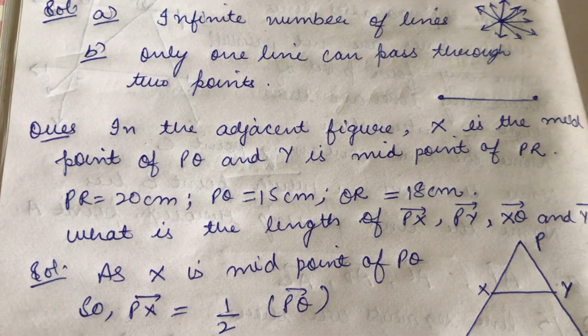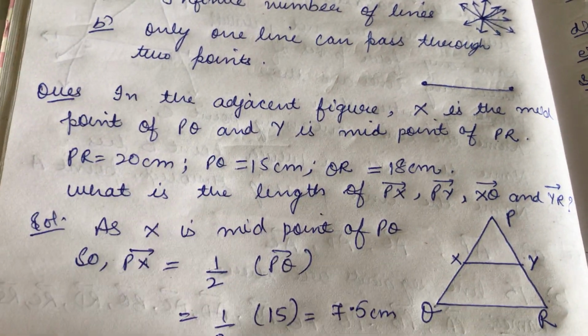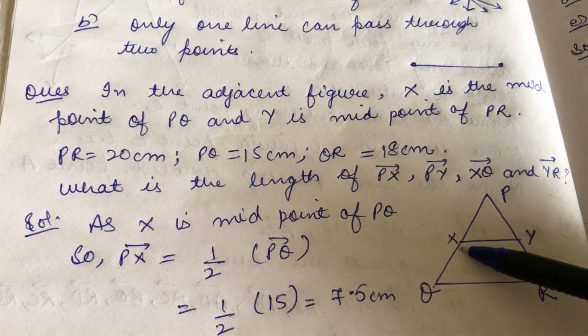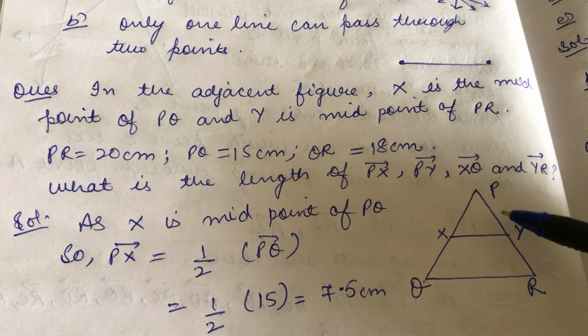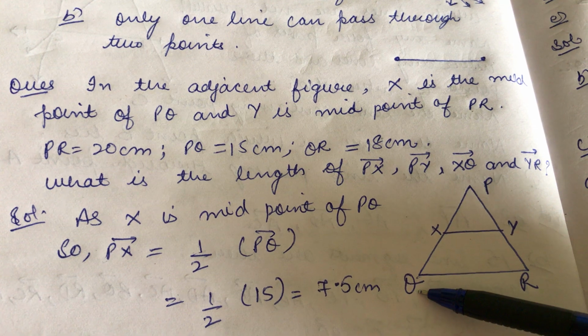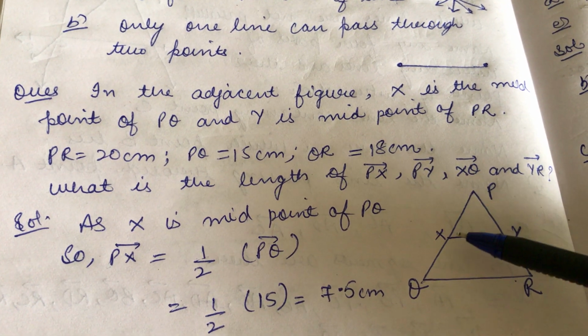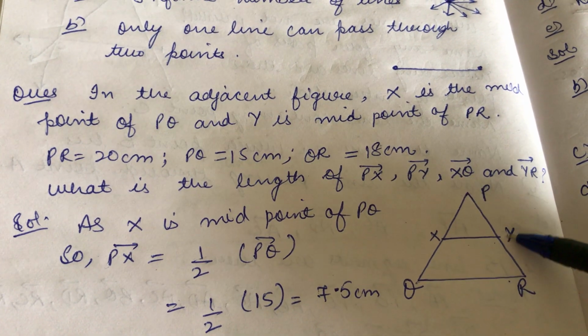Next is, in the adjacent figure, X is the midpoint of PQ and Y is the midpoint of PR. PR is 20 centimeter, PQ is 15 centimeter, QR is 18 centimeter. What is the length of PX, PY, XQ and YR?